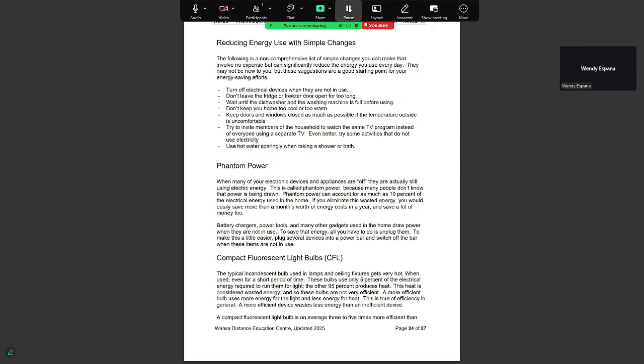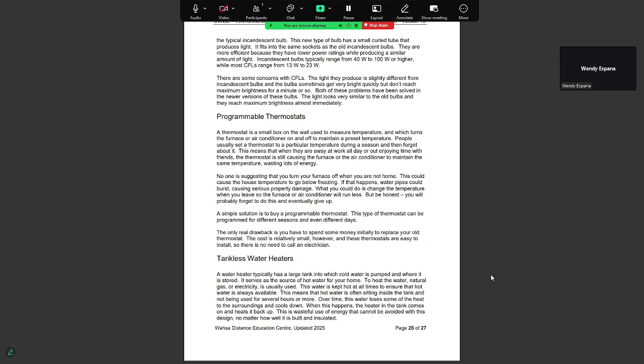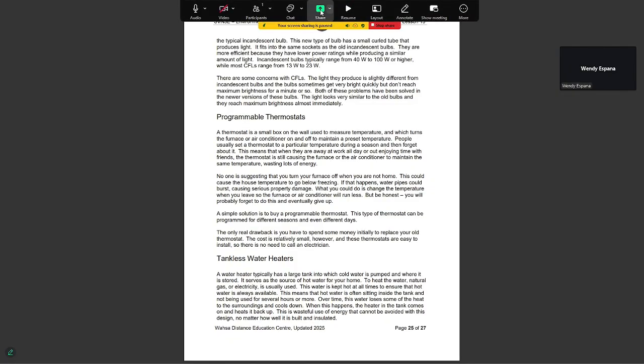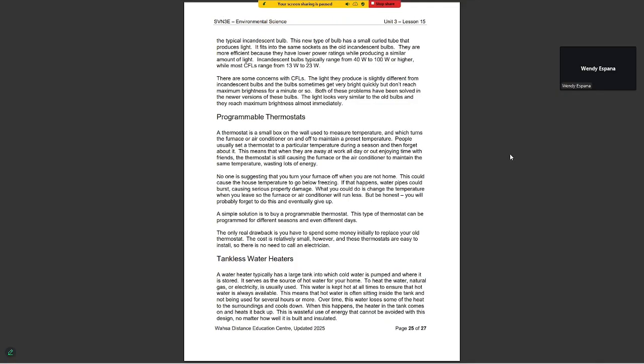It uses more of the energy that it gets from the electricity and produces less heat. It says at the bottom of page 24, on average, it is 3 to 5 times more efficient than an incandescent bulb. Now, I'm going to show you a picture of these light bulbs.